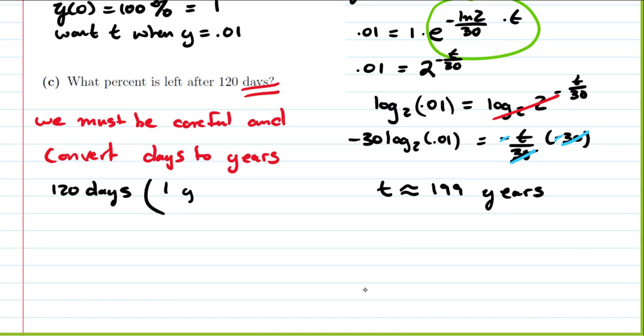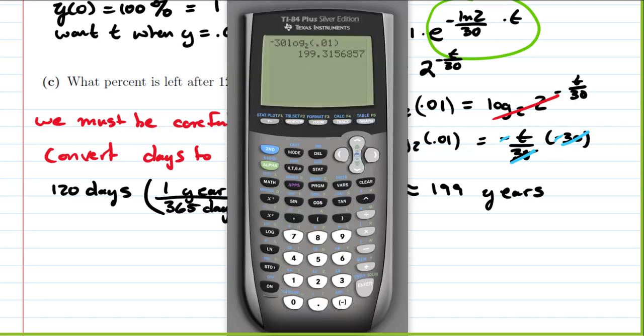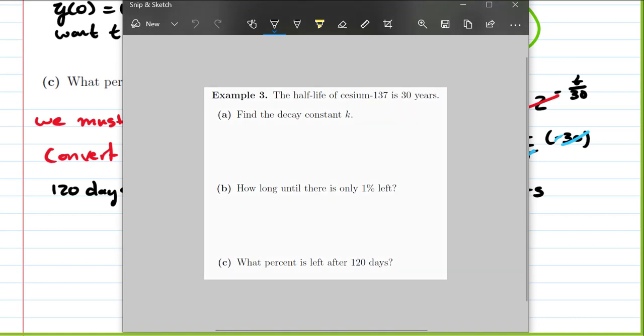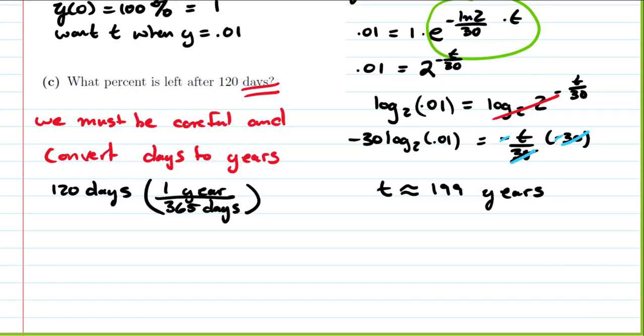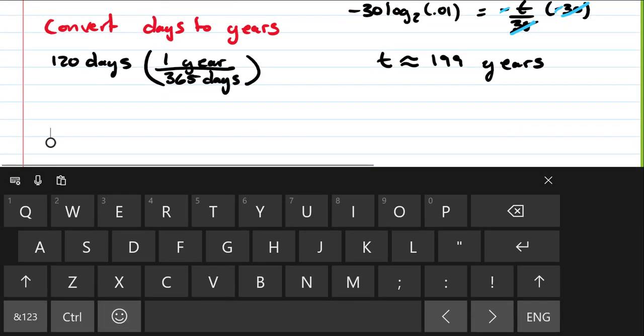So 1 year, not plural, 1 year is 365 days. So we can do that on our calculator. 120 divided by 365. That gives us that 120 days is 0.32876 blah, blah, blah years, which seems reasonable. 120 days is about a third of a year, right?